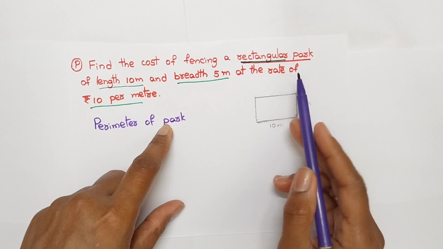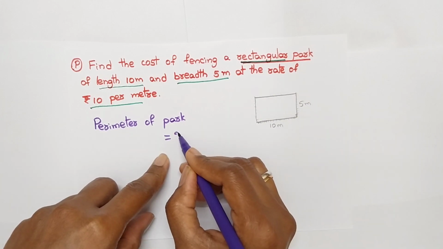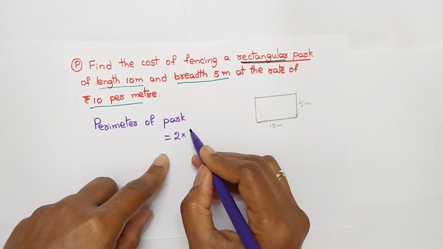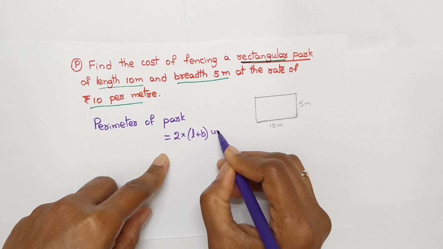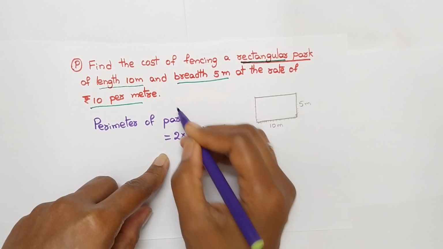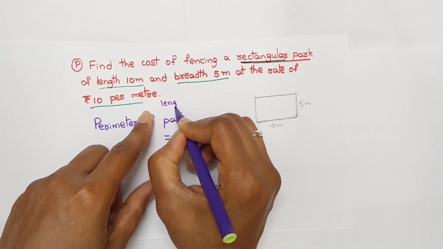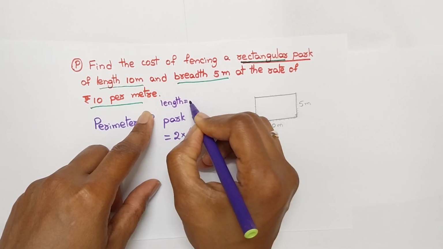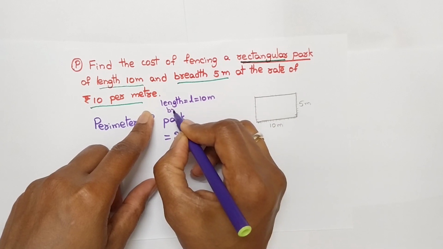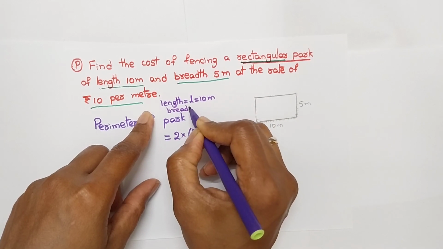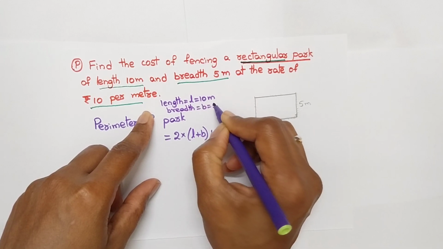The park shape they have given is rectangular, so we take the formula of the perimeter of a rectangle, that is 2 into (L plus B) units. First we take the length, right? Length L equals 10 meters, breadth B equals 5 meters.